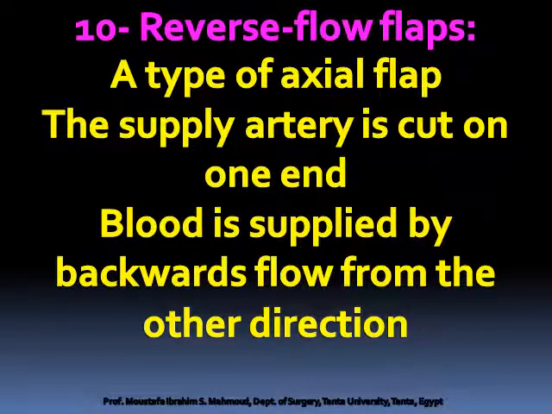Reverse flow flaps. It is a type of axial flap. The supplying artery is cut on one end. The blood is supplied by the backwards flow from the other direction.